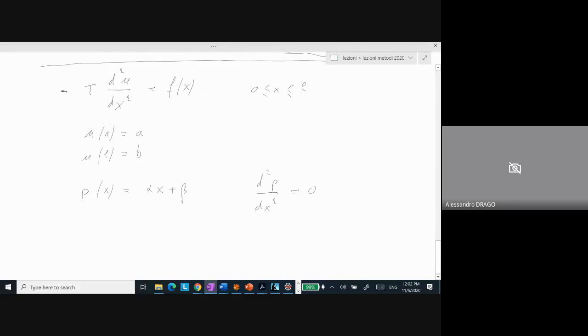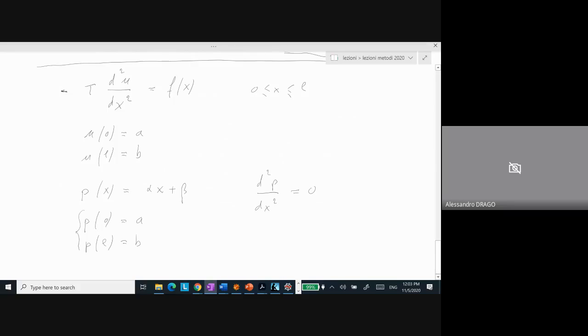So I can use this function p of x in which way? By imposing that p of x satisfies the two boundary conditions. So I impose that p of 0 is equal to a and p of L is equal to b.